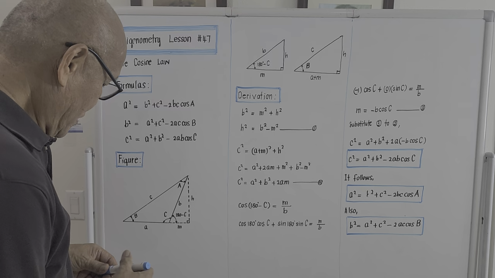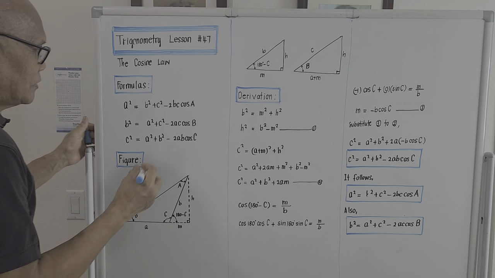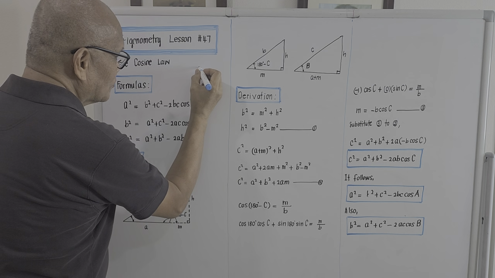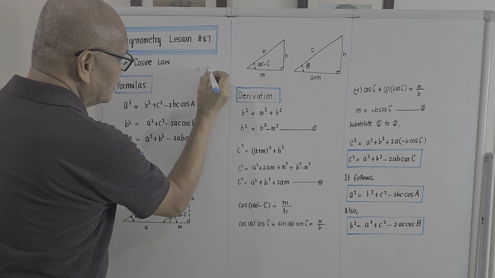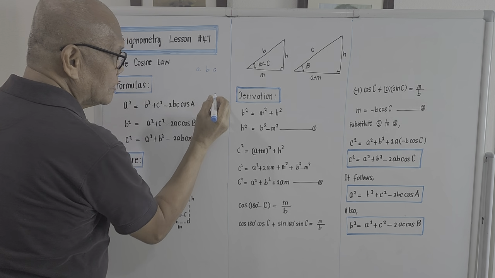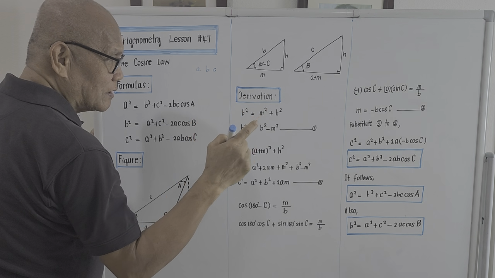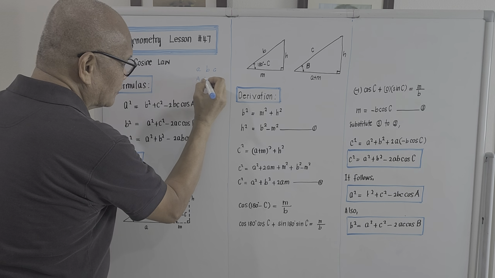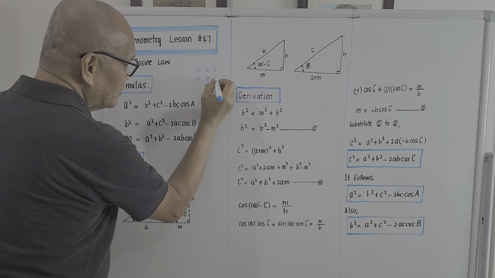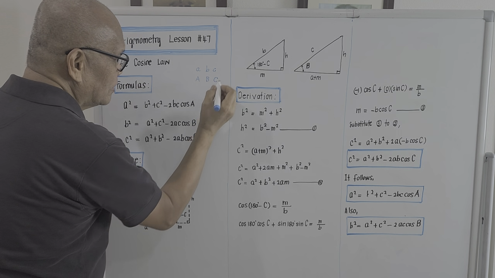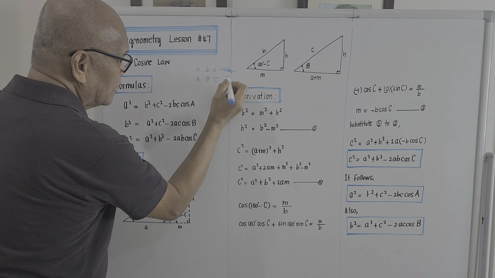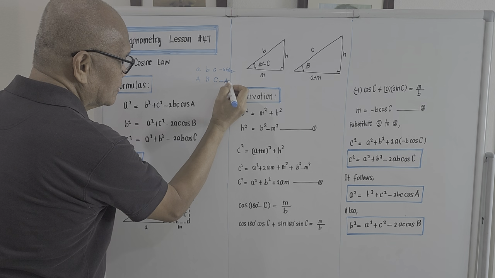Okay, let's try to bring out the three formulas needed in the so-called solution by using cosine law. And here, we got a designation. The designation of the sides will be small letters A, B, and C. And the corresponding opposite angles will be capital letter A, capital letter B, and capital letter C. So these should be the sides, and these should be the angles.